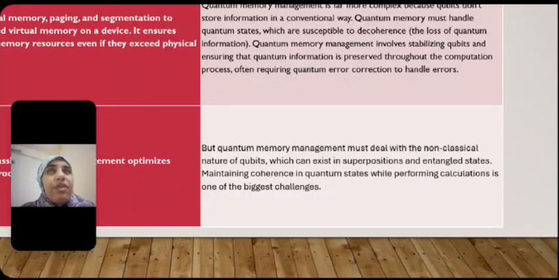This is one of the biggest challenges because they can't control the changing of the states, which are zeros and ones at the same time.